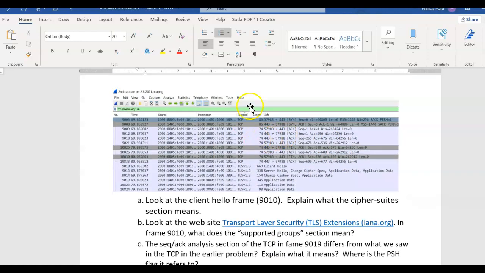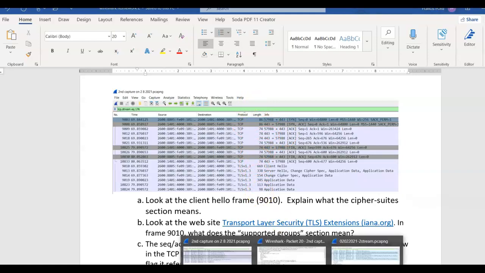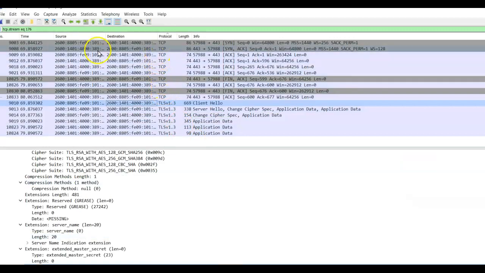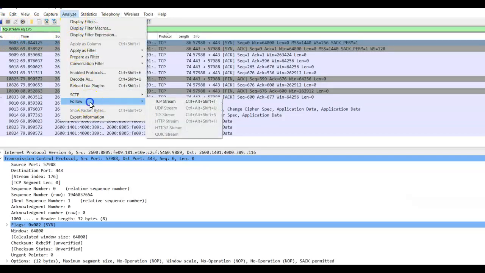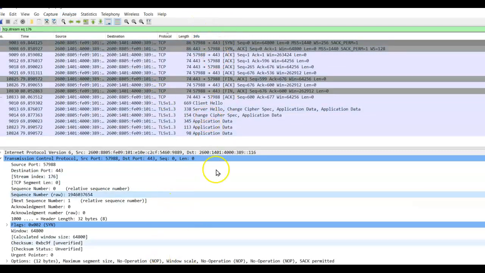So I have here a stream. The way I got that was that I clicked on one of these and then I typed up here, analyze, follow TCP stream. And what it does is show me everything that's connected.